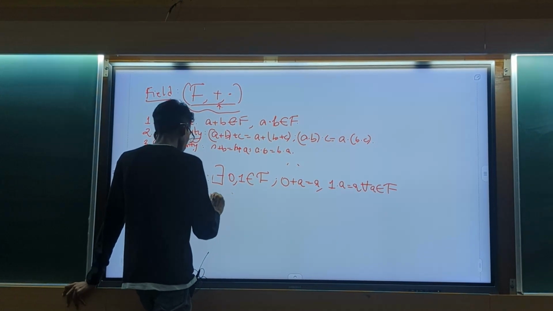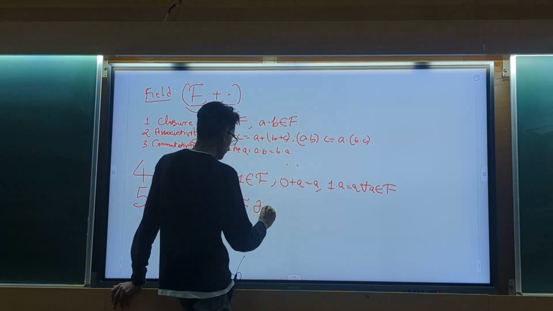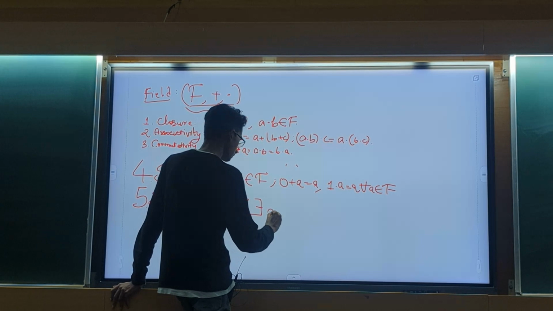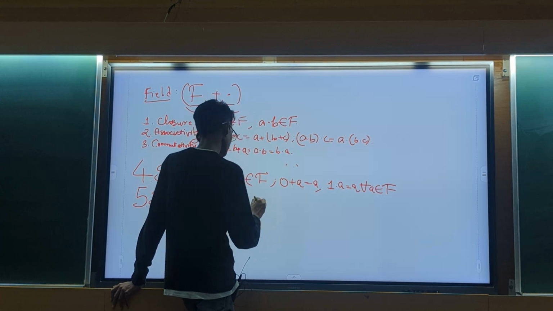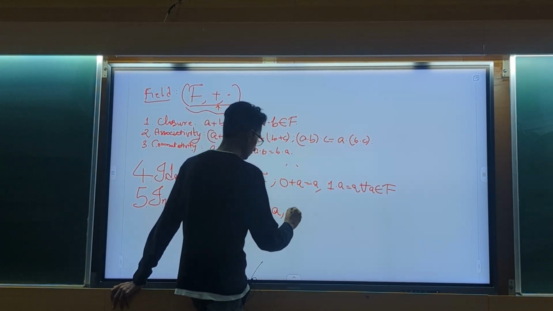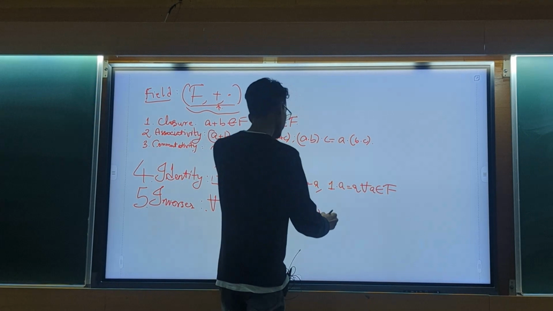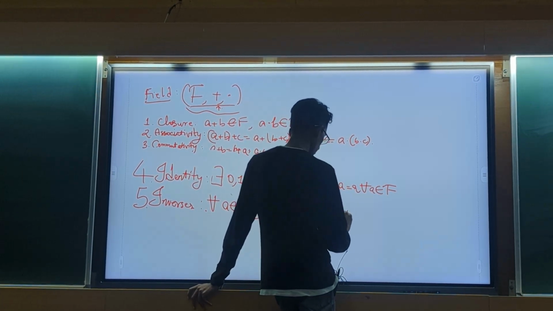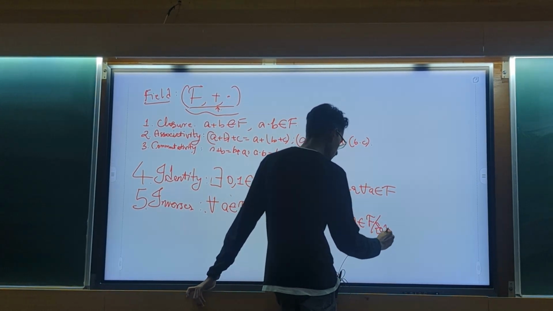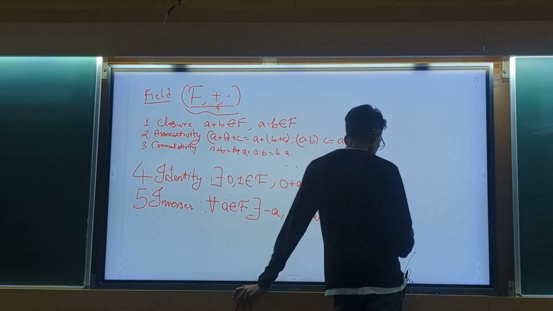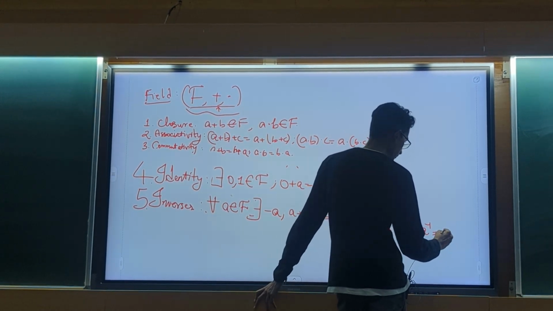So for all A belongs to the field, there exists an additive inverse such that A plus minus A gives the additive identity, and for all A belongs to F without 0, so except for 0, everything should have a multiplicative inverse.